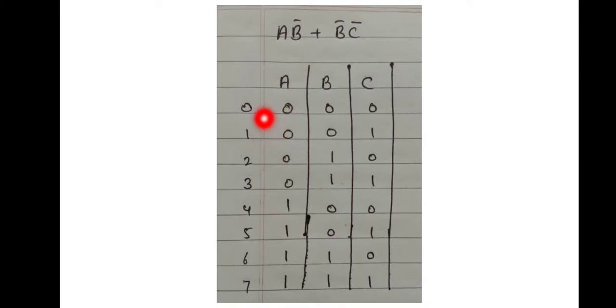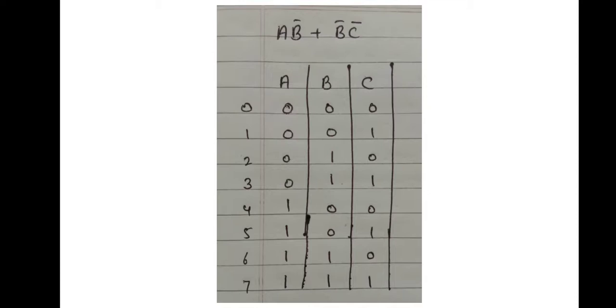The first row, 0 0 0, is the binary number of 0. The second row, 0 0 1, is the binary number of 1. The third row, 0 1 0, is the binary number of 2. So these rows represent the binary numbers from 0 to 7. So till now we have created the input combinations.